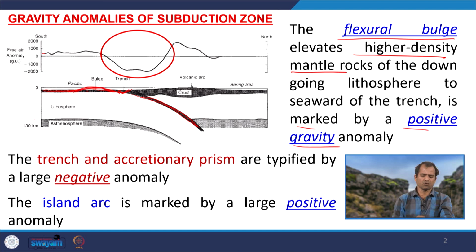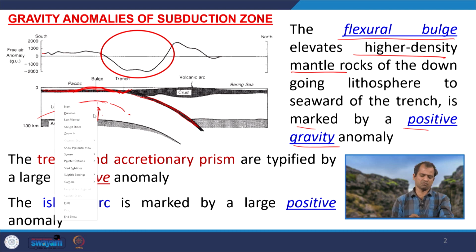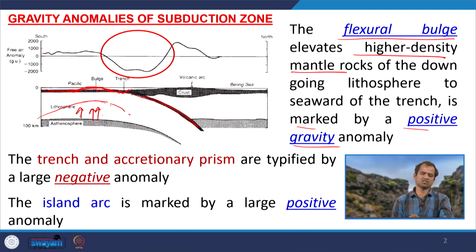Once it is bulging out, we are allowing the mantle, a high density material, to move up, so we have high density material near the surface. Earlier this mass was not here, it was at a lower level, and once we flex and bulge it, this mass comes near the surface. That is why we are adding some mass here, and that is why there is a positive gravity anomaly.